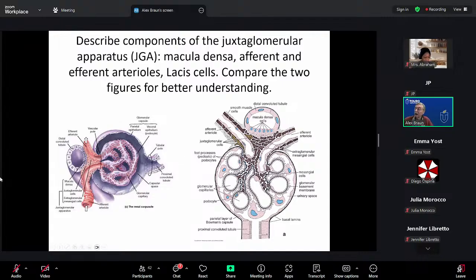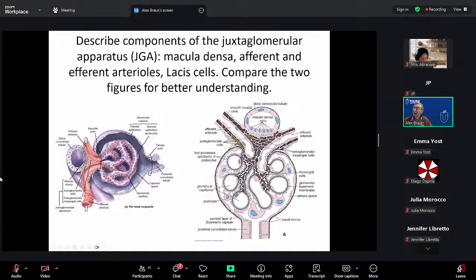Now, on the right-hand side, you see a cross-section of a glomerulus with the vascular pole and a tubular pole, and you see the elements of the juxtaglomerular apparatus at the vascular pole in this figure. Here you see even better that the extraglomerular mesangial cells are in continuity with the intraglomerular mesangial cells.